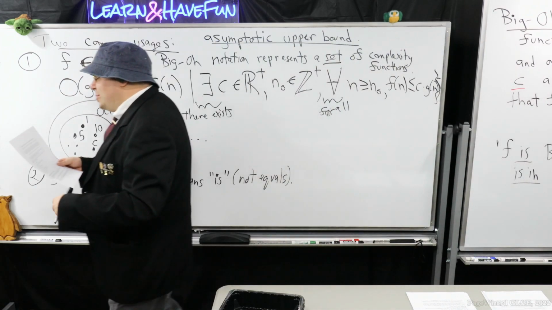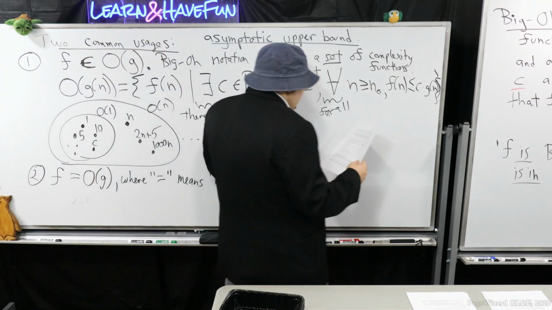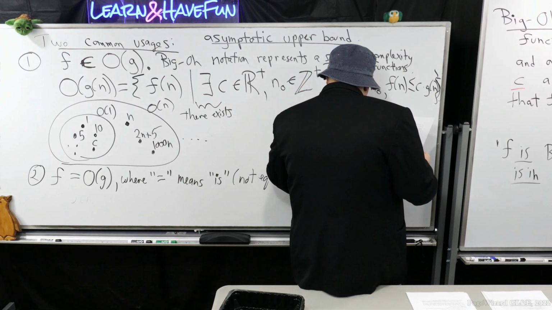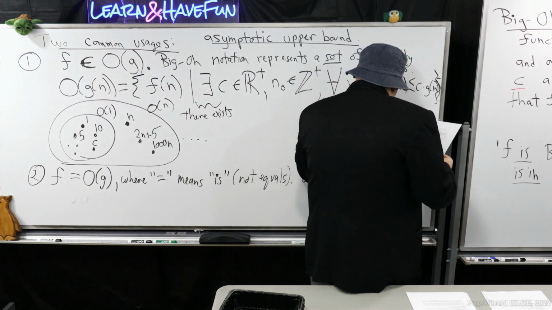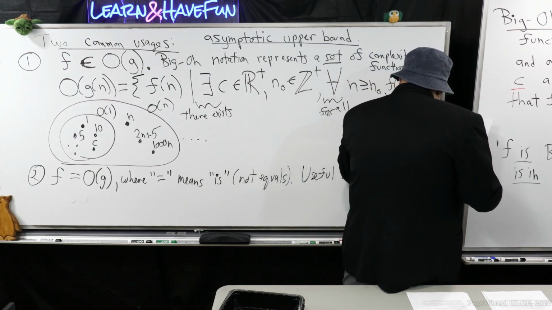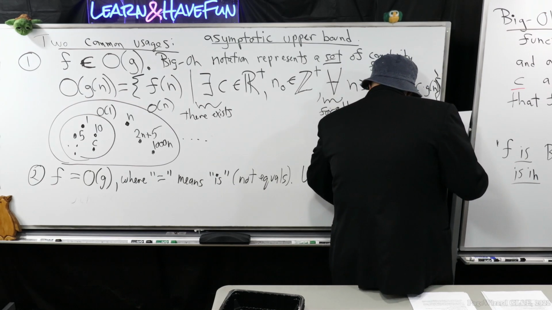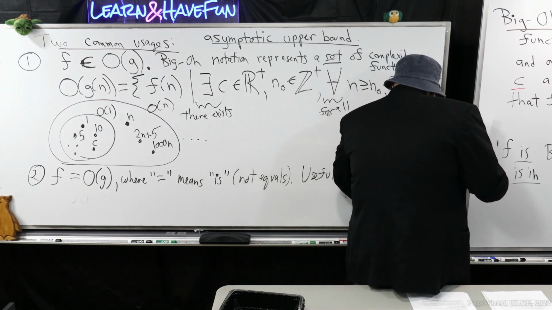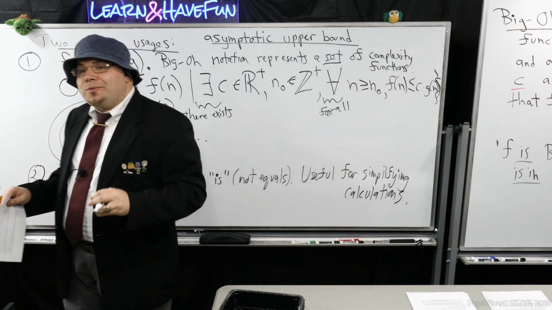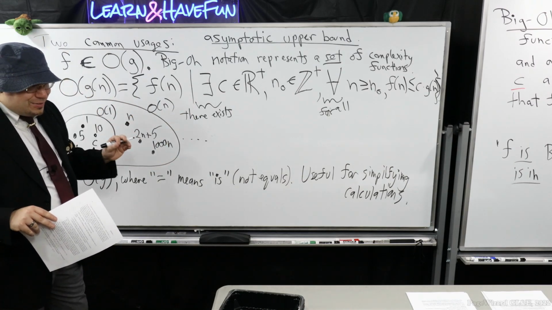So I would argue it's useful for simplifying calculations. And the biggest thing you need to be aware of is that when you use this notation, you read everything from left to right. It's not a true equal sign. It doesn't mean equal to.